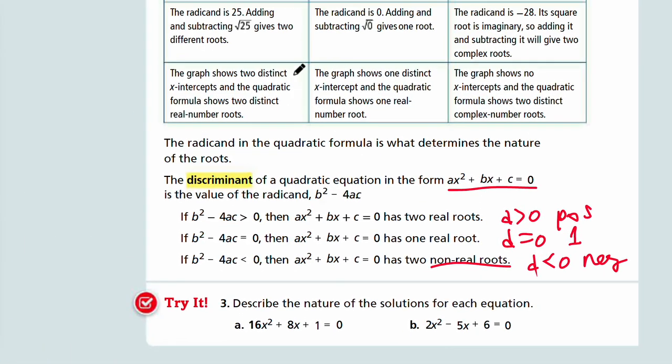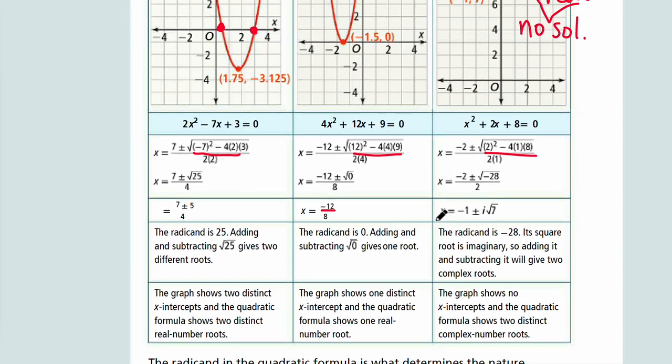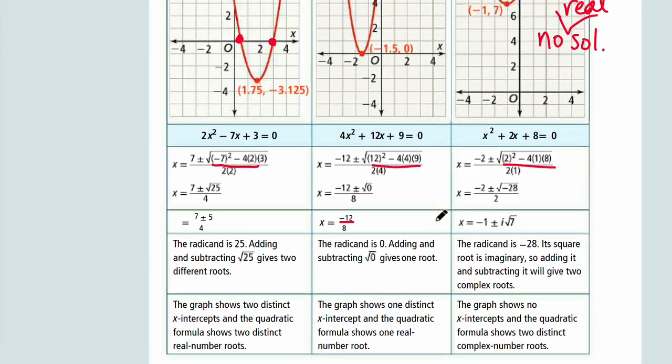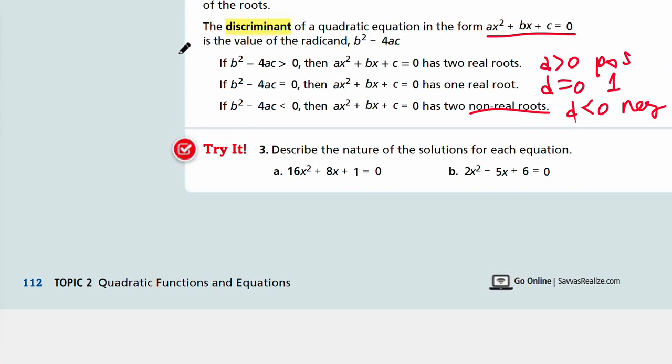Because we learned that the discriminant will determine how many solutions there would be for the quadratics. We can look at the discriminant to figure out how many solutions there would be, right? And first of all, your first step is to identify your A, B, and C. A is 16 here, B is 8, and C is 1, right? And you'll be able to figure out your discriminant using A, B, C. B squared minus 4AC is the discriminant.